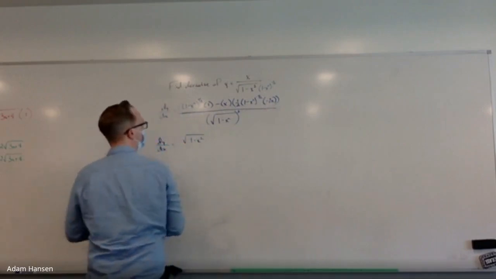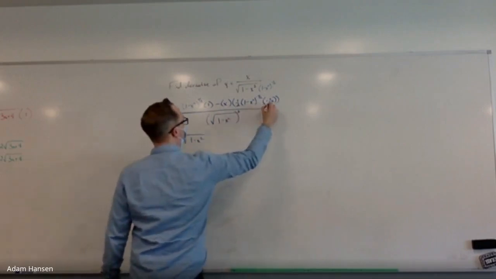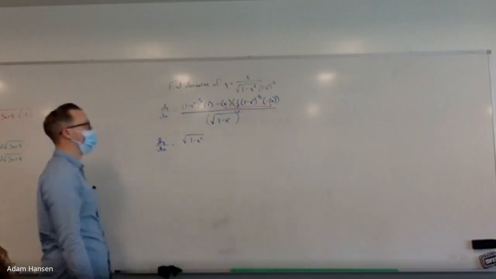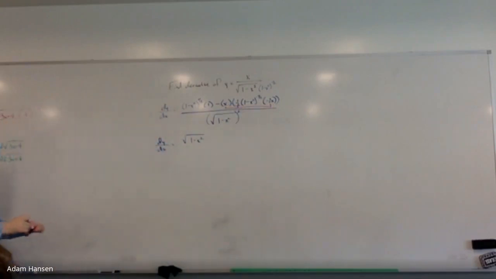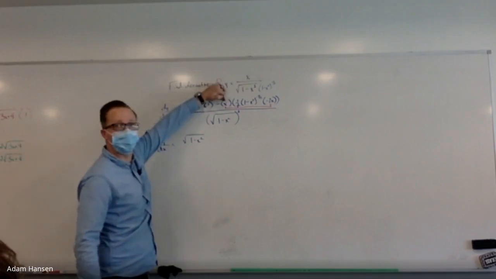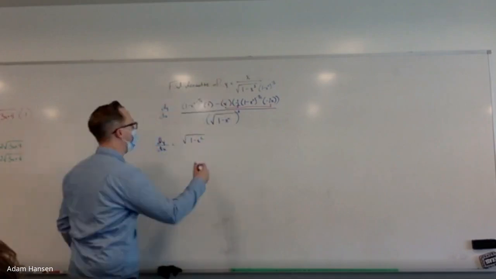Let's multiply all those together. Negative 2x times a half times another x. What's negative 2x times 1 half? Negative x. Times another negative x is positive x squared.